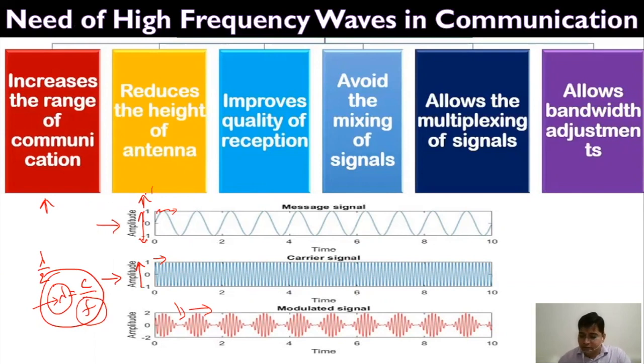The next thing is improved quality of reception. Suppose we are transferring lower frequency signals, and on the other hand we are transferring high frequency signals. The reception quality of the high frequency signal would be better. And the next point is to avoid the mixing of signals.